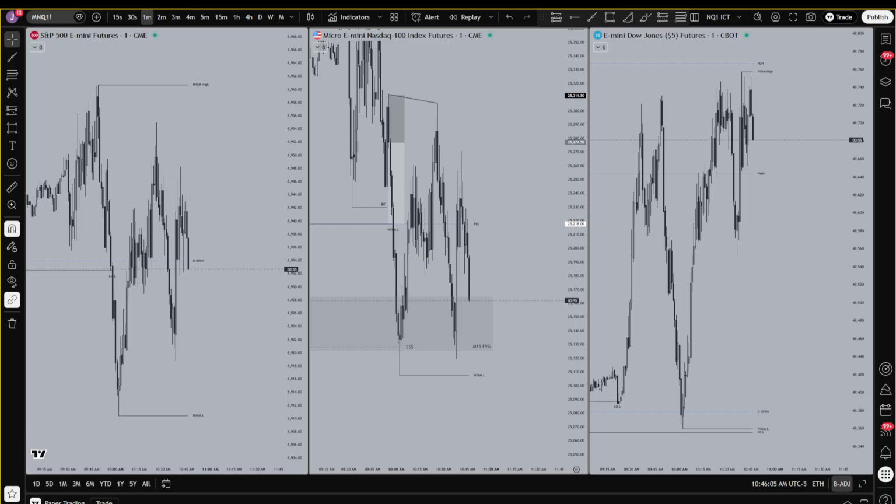Like you mean the flip down on that fair value gap, like us inversing it, or the 6:45 candle on the 5-minute chart. I'm just wondering how to trade that.